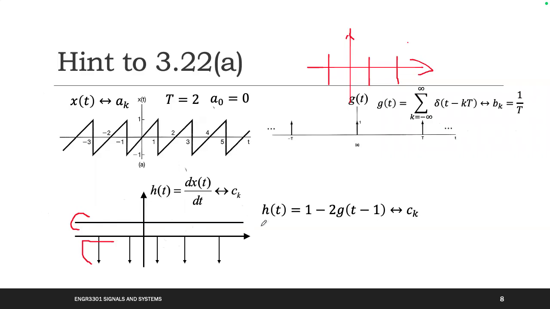And for h(t), we have 1 minus 2 g(t) with a -1, am I right? Do you know why? Because here is 1, here is 3, am I right? Here is 5. And for your original one, this is just like 1, 2, am I right?